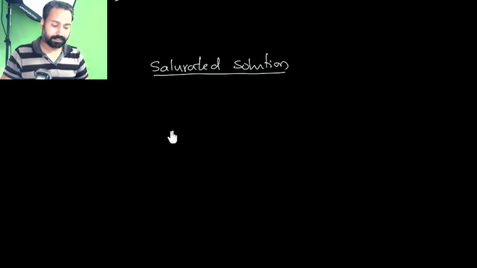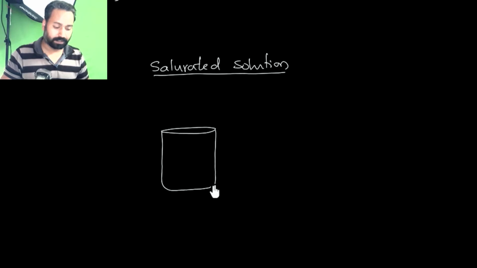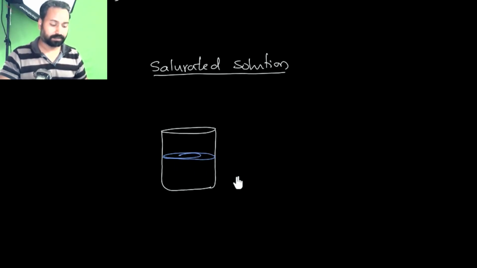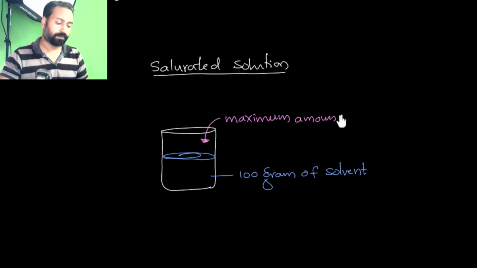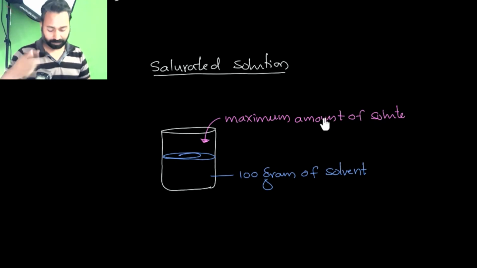For this, we have to take a little consideration. You have to take a container, and add a little amount of solvent. Let me take a particular amount, say 100 gram of solvent. The solvent may be anything. Then I'm going to add the maximum amount of solute, and that leads to the formation of a saturated solution.